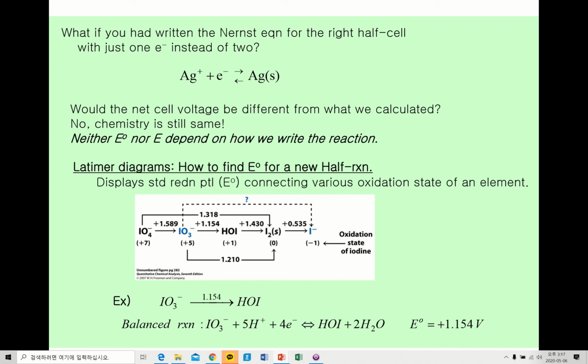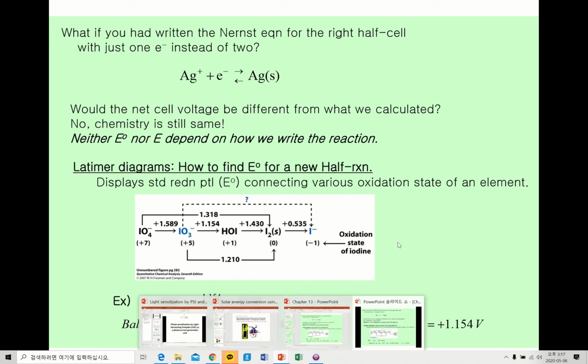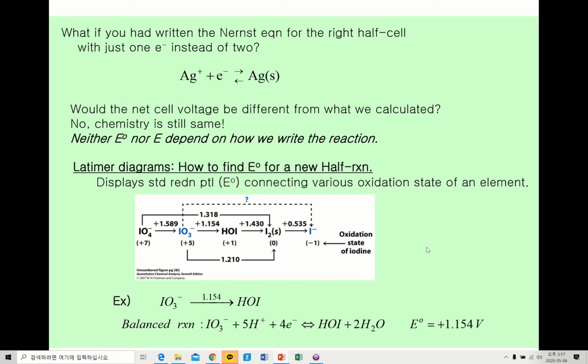On the left hand side there are 3 oxygen atoms, but on the right hand side only 1. So we have to add oxygen; since this reaction takes place in water, we add water on the right hand side.